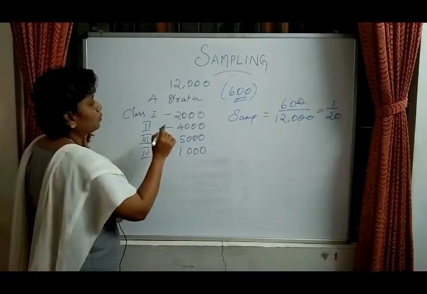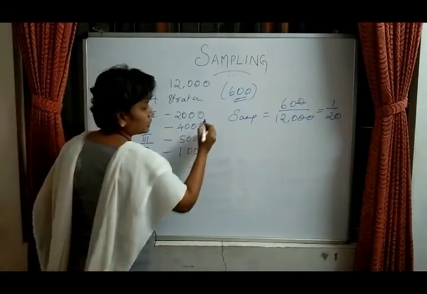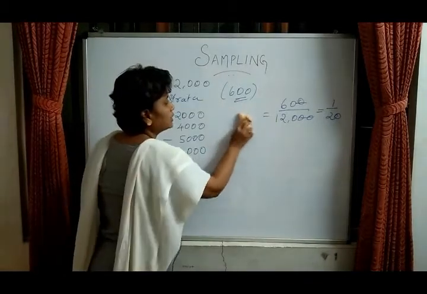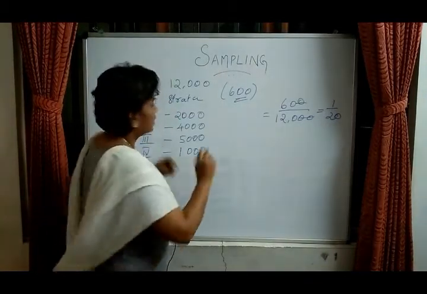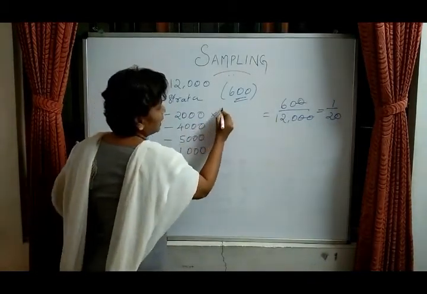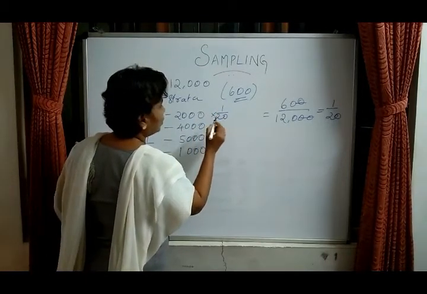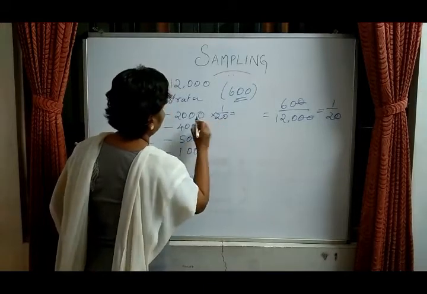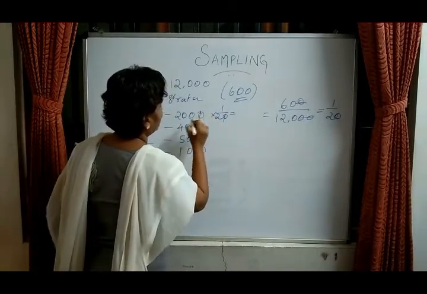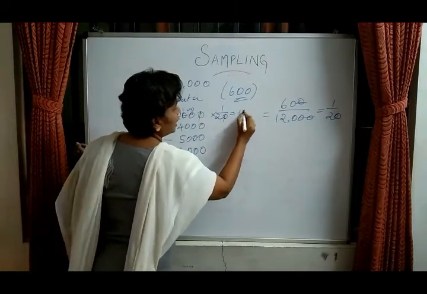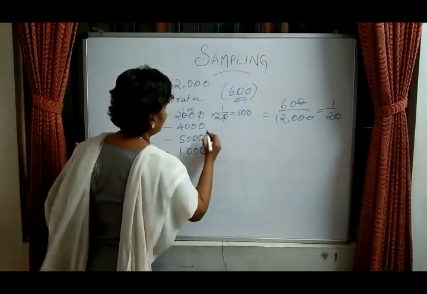Here in stratum 1, how many members do we have to select? In this first one, 2,000 into sampling fraction 1/20, so 100. So 100 people we have to select.